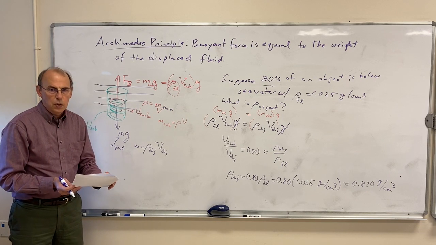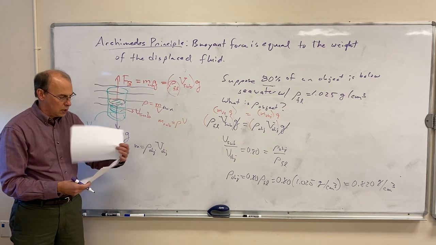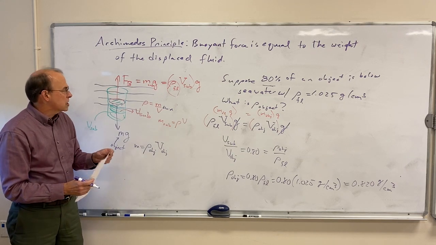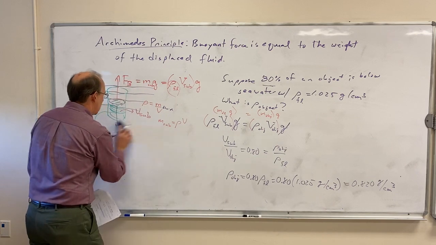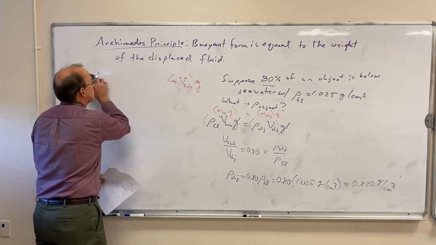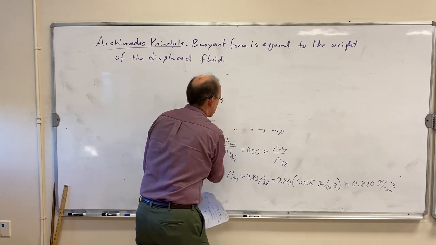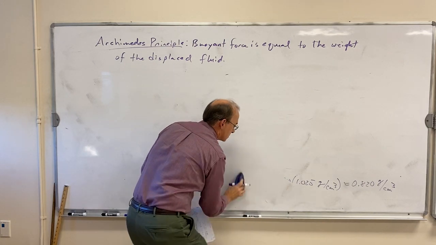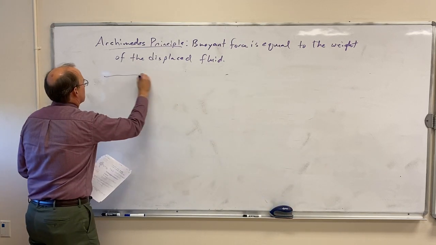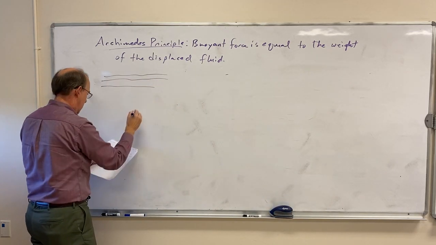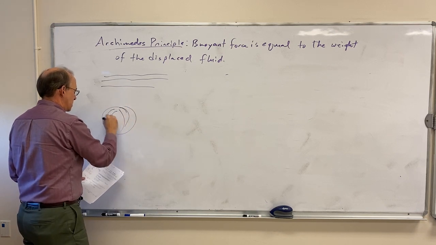Well, one more example, and then you can, of course, practice this in your homework, like always. So I'm going to do an example of when something does sink, when the entire object is below the surface. So I've got water here, and I've got a sphere. That's supposed to be a sphere.